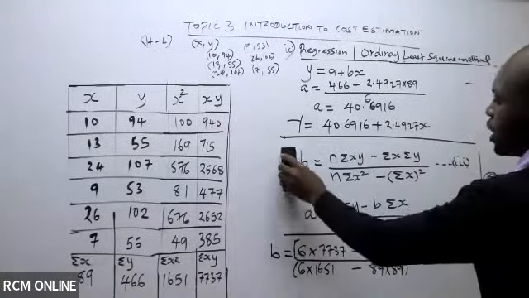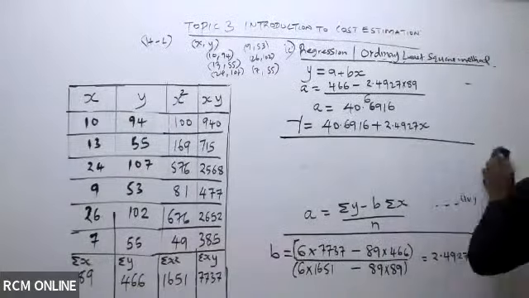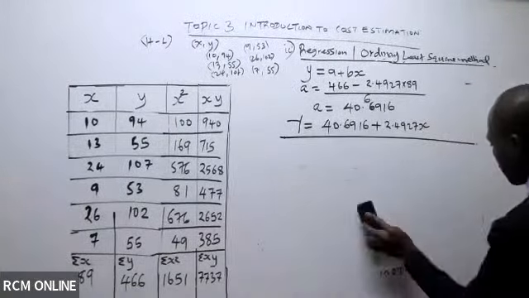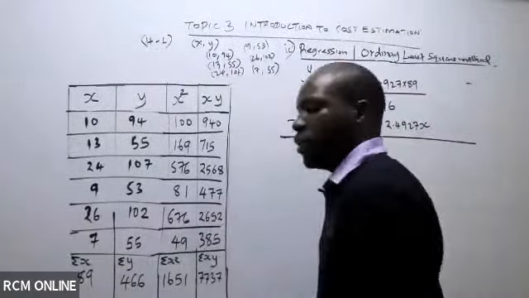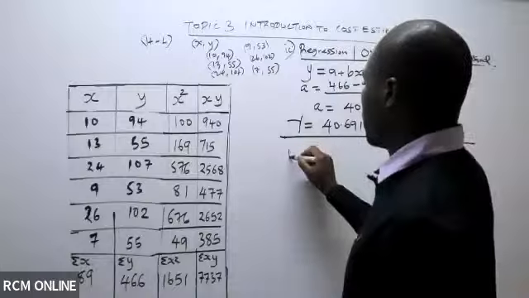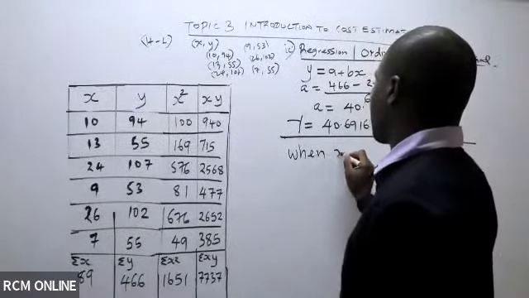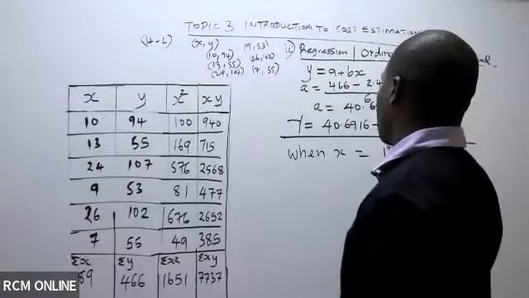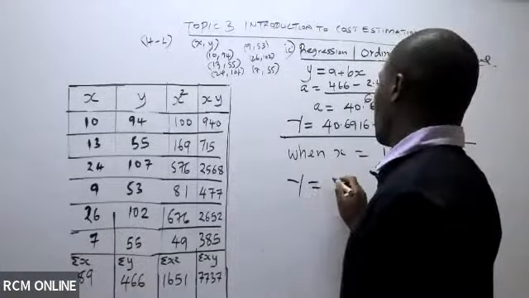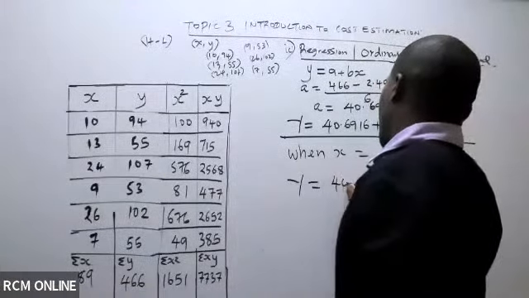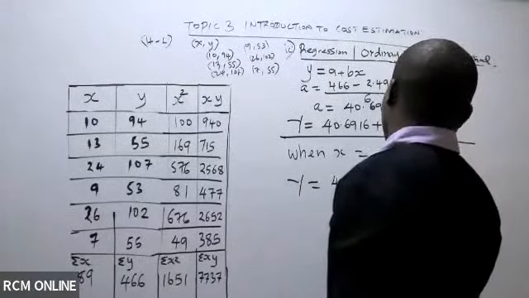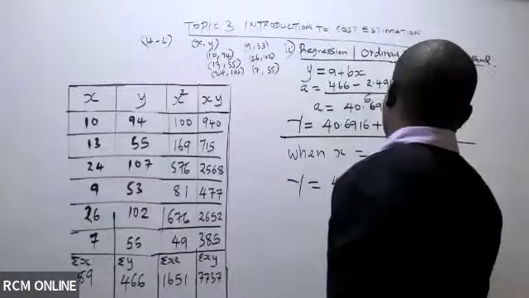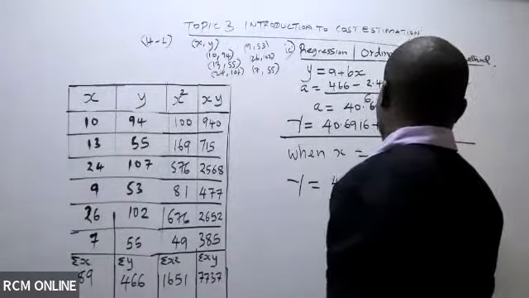Are we able to get Roman 2 of this question? I believe you can recall what we did under the ILO method. If you are told to give us the value of Y when X is equal to 15, Y will be equal to A plus BX, and X is 15.